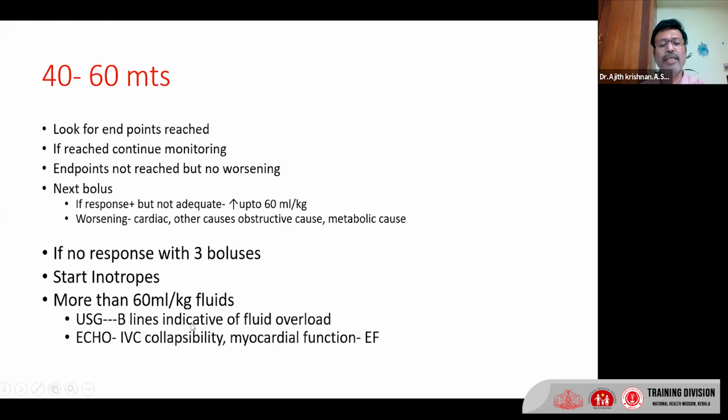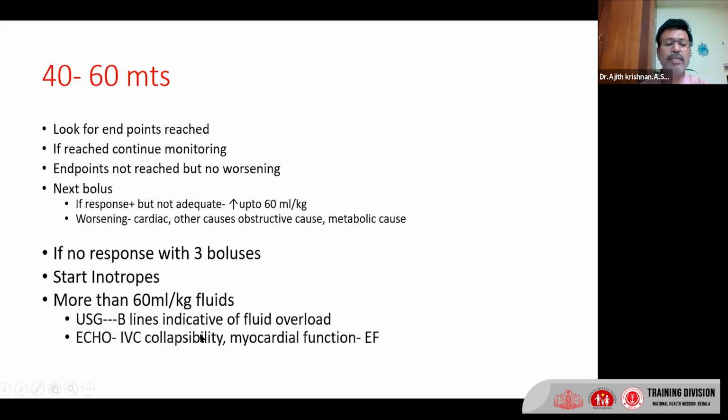If B lines are there, it is indicative of fluid overload. They have to look at the IVC collapsibility, the inferior vena cava, and the collapsibility index. They can also look at the myocardium, the cardiac LV function: what is the ejection fraction, what is the contractility, how well the heart is contracting? All these things they can assess.